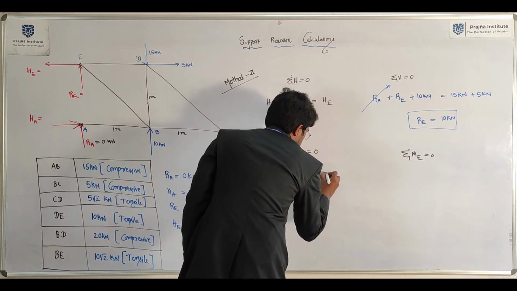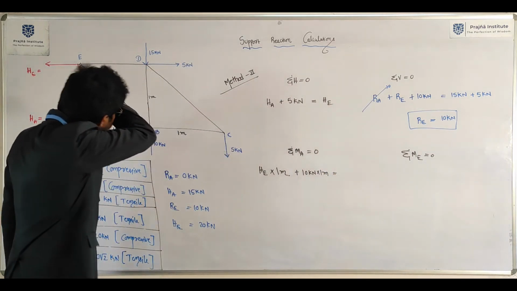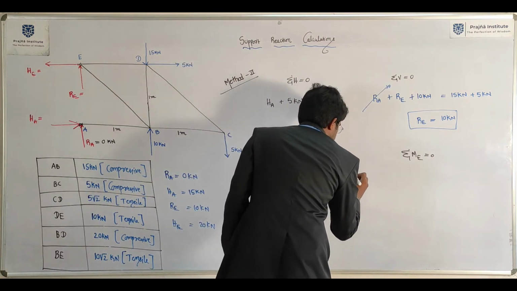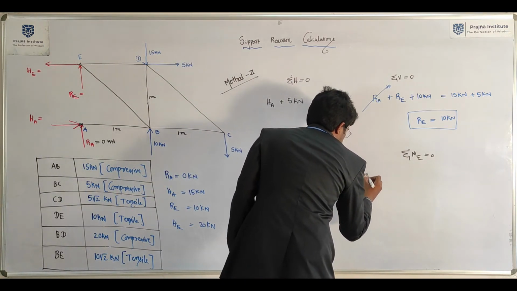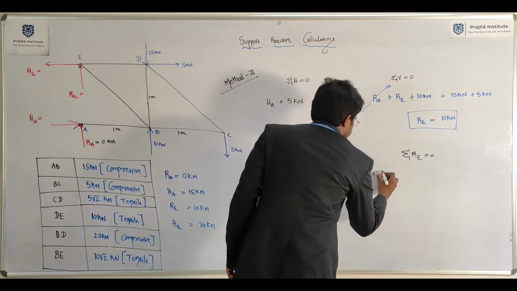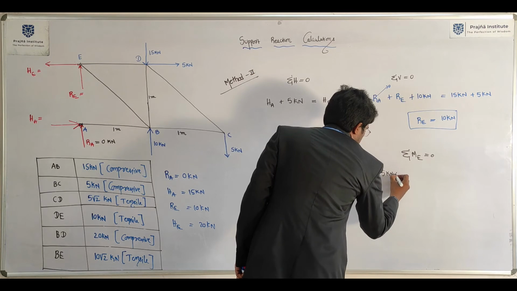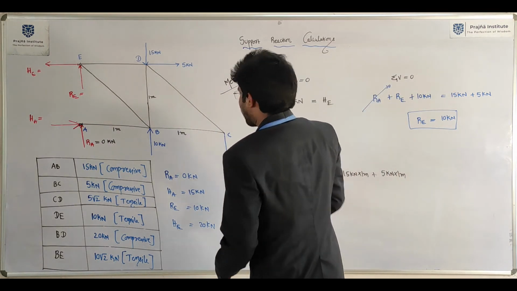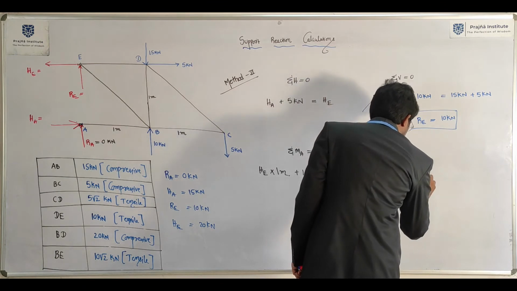10 kilonewton into 1 meter equals 15 kilonewton into 1 meter clockwise, plus 5 kilonewton into 1 meter, then 5 kilonewton into 2 meter.